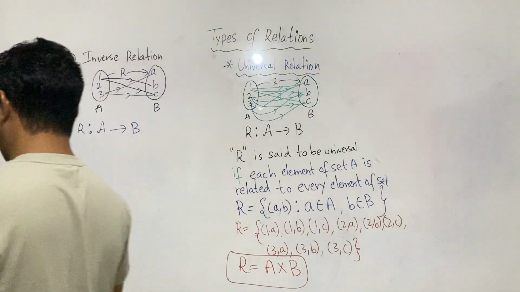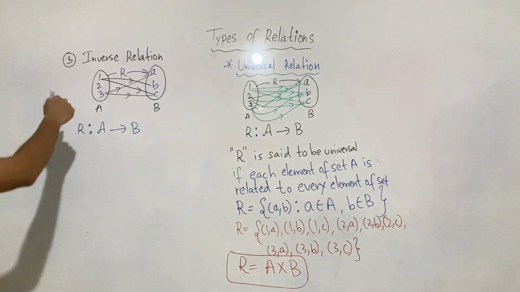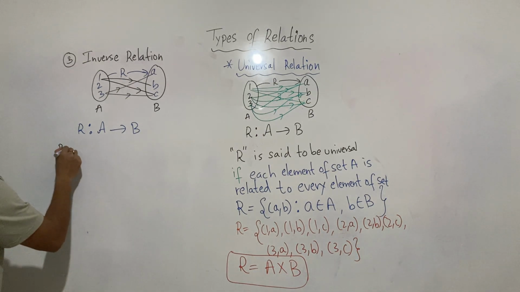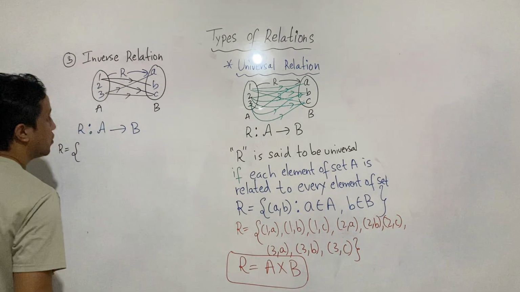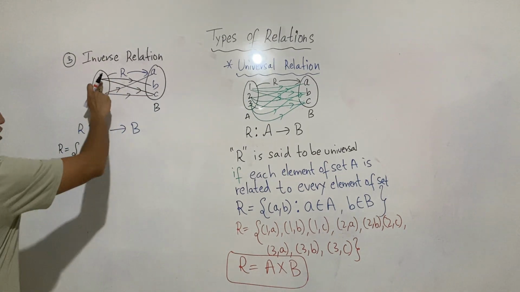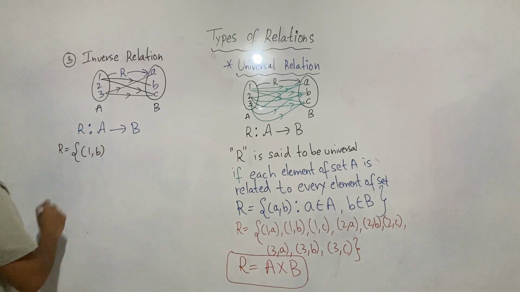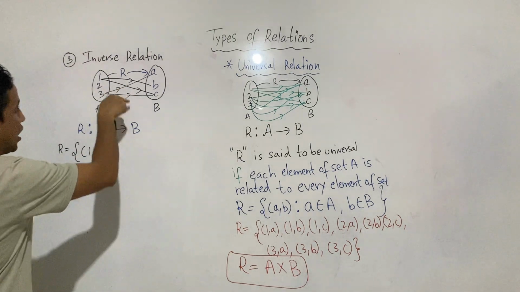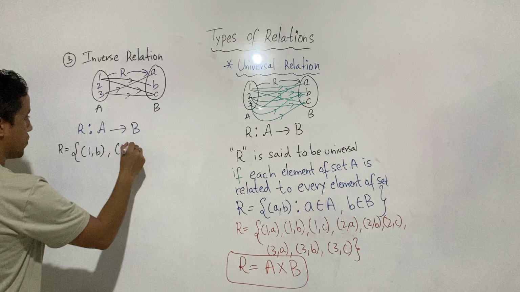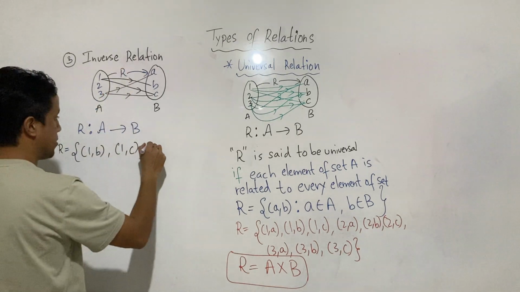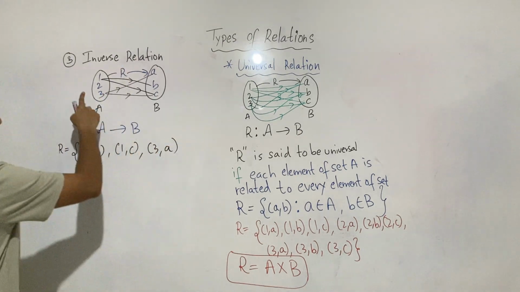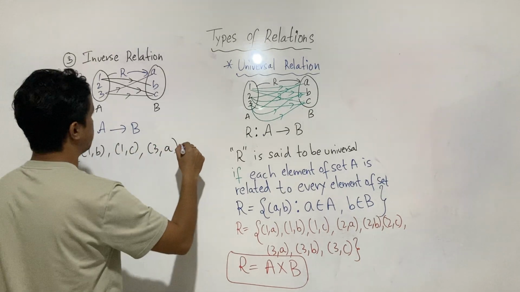So here R is going to be the ordered pairs: 1 is related to B, so 1B, then 1C, then 3A, and 3C.